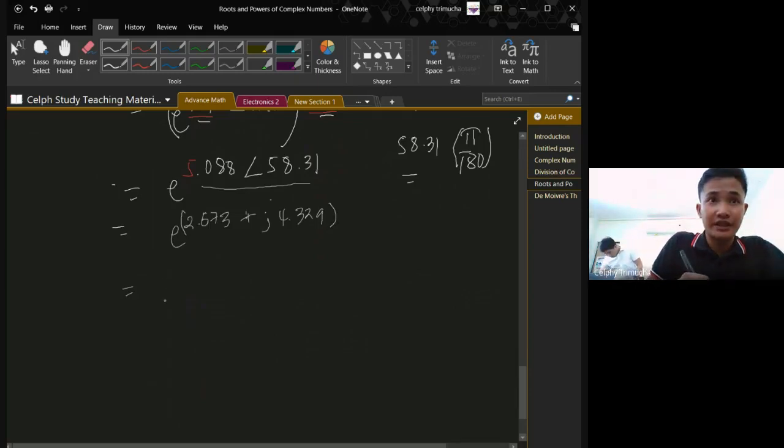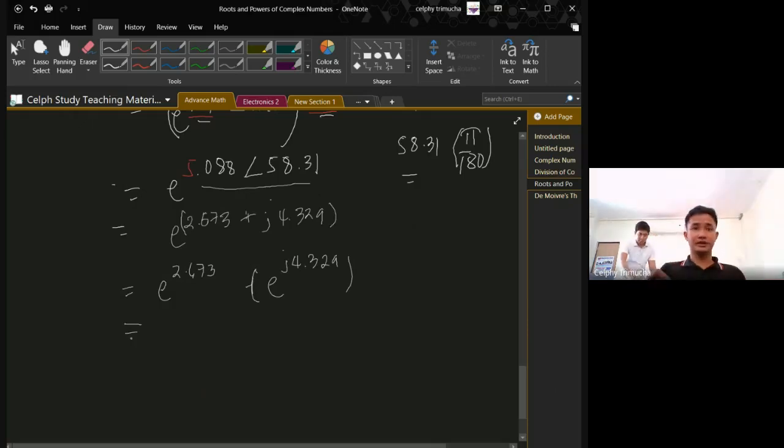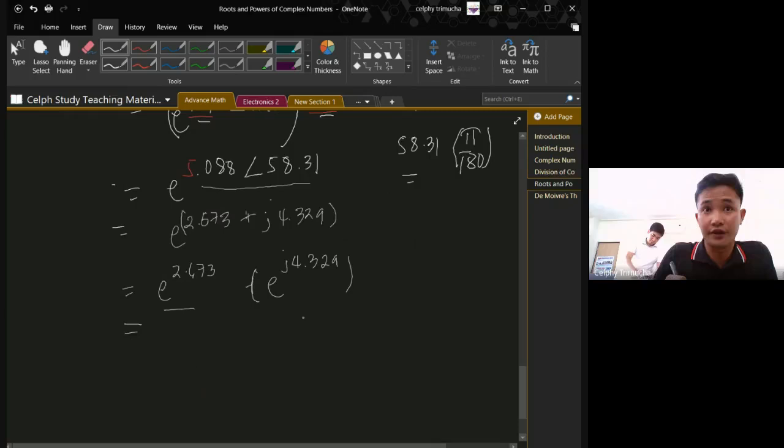So we'll have e raised to 2.673 multiplied by e raised to j times 4.329. Then pwede na natin ma-express in polar form, diretsyon na lang.